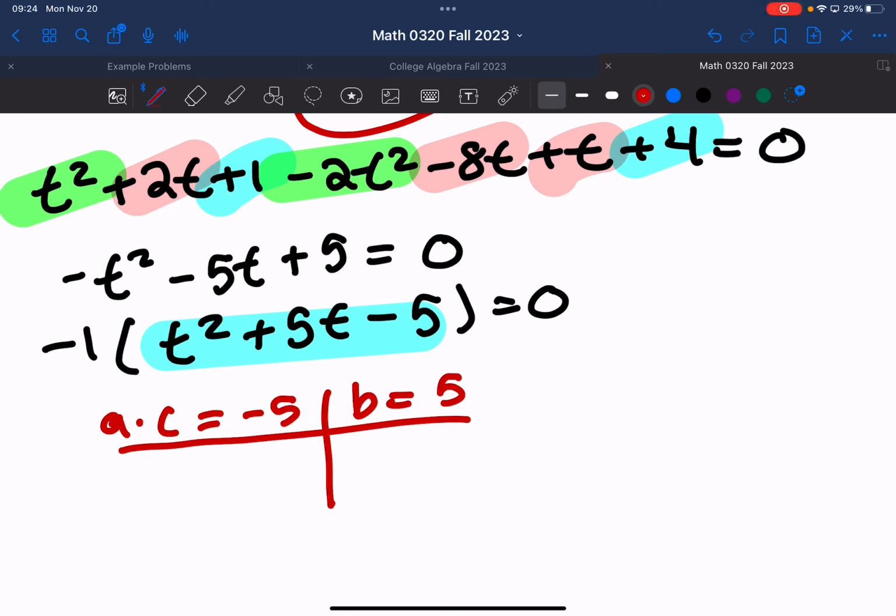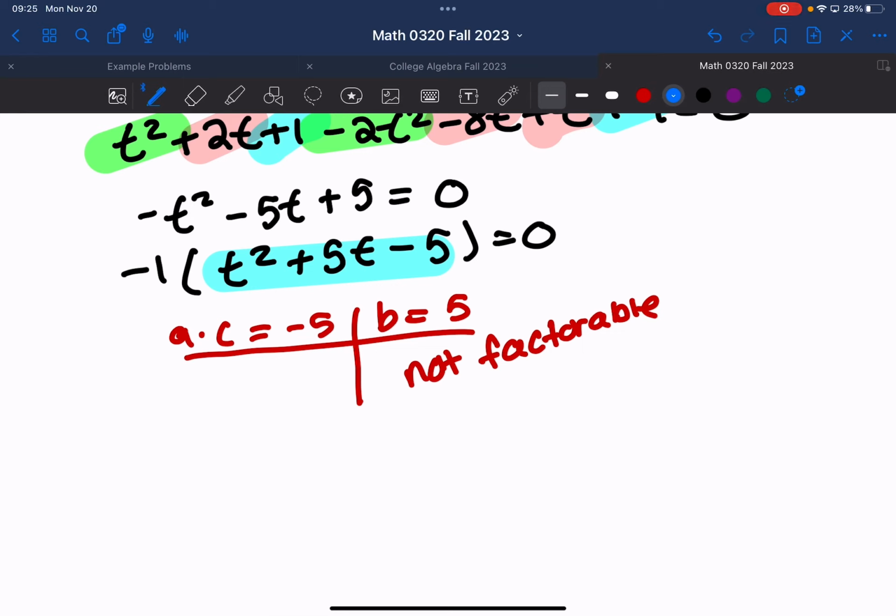Is that possible? Remember, the only factors of 5 are 1 and 5. So would either of those ever add to 5? No. So that means this is not factorable. And when something is not factorable, we use the quadratic formula.